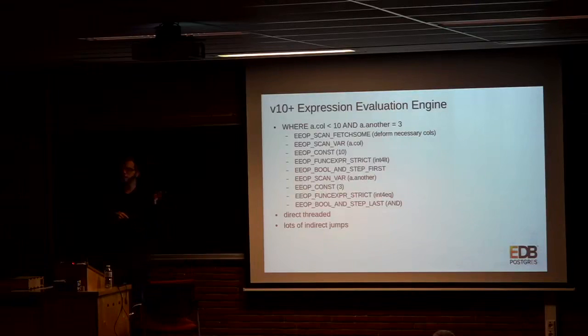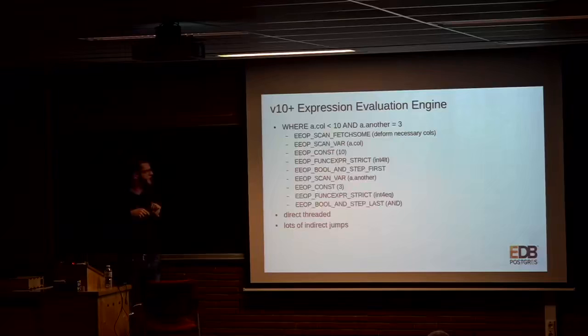Because in Postgres, every single operator is implemented as a function call, because Postgres is very extensible. You can add any sort of data type by just invoking create function, create operator, create type, and so on. So we call that function. And then we call some setup for evaluating the AND.